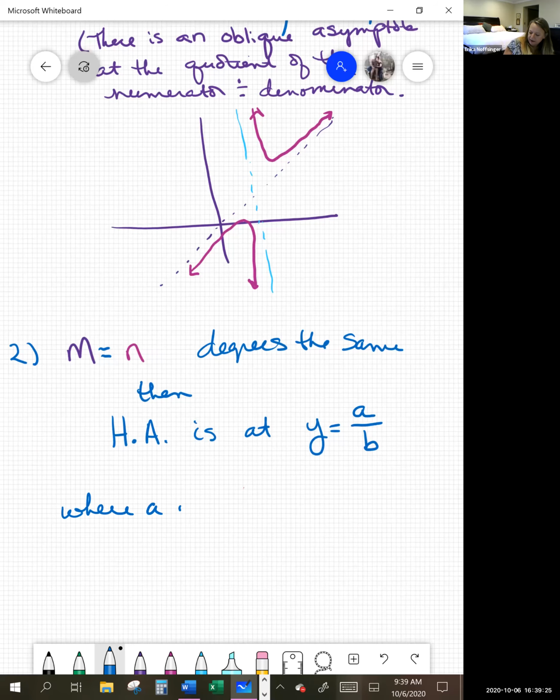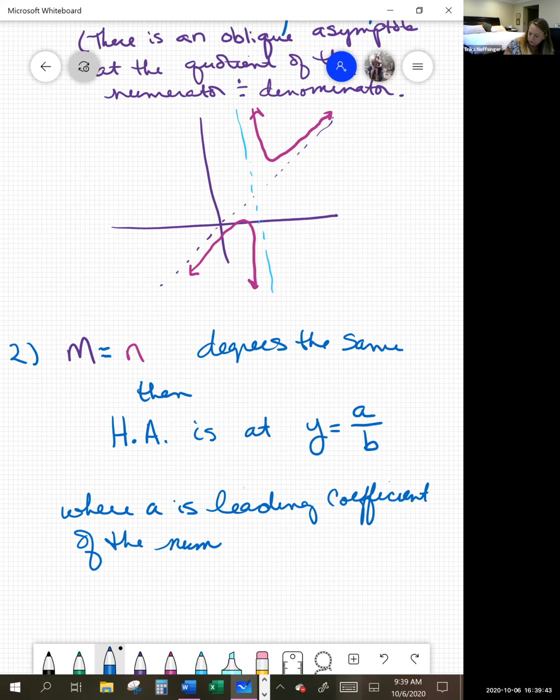A is the leading coefficient of the numerator, and b is the leading coefficient of the denominator. That is the number in front of the variable raised to the highest power.